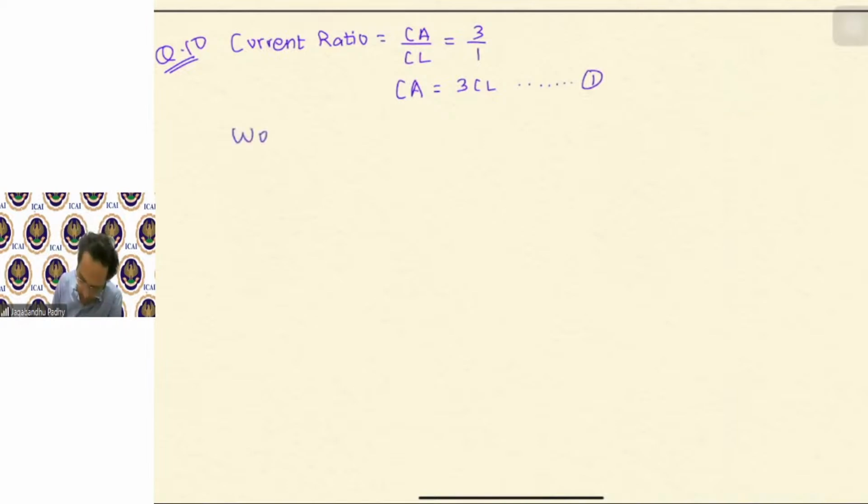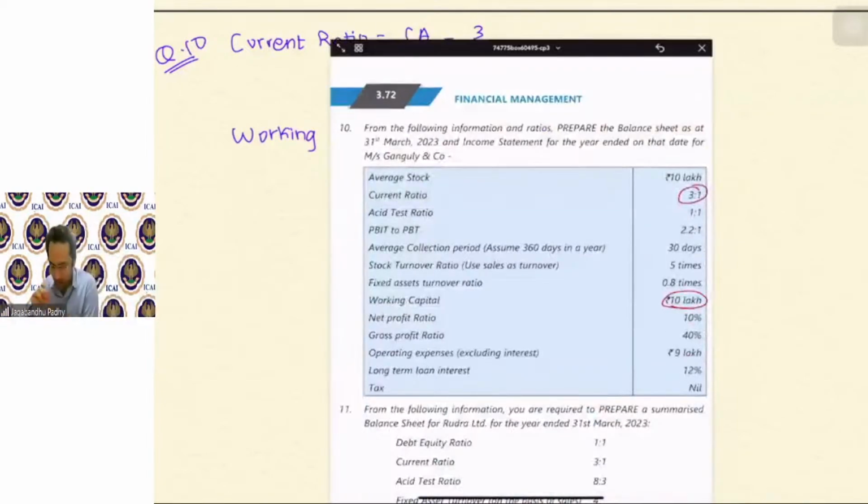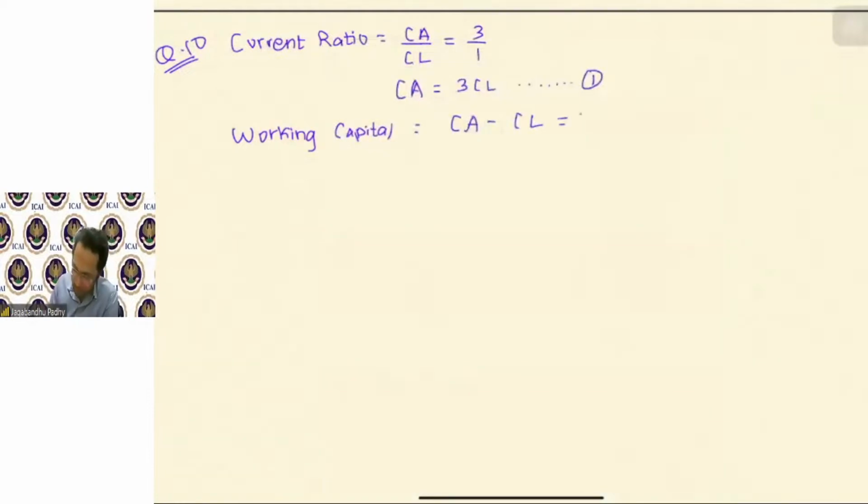Then the question gives us information about working capital. Working capital is essentially current asset minus current liability, and the question gives us working capital as 10 lakh. Current asset minus current liability is 10 lakhs.